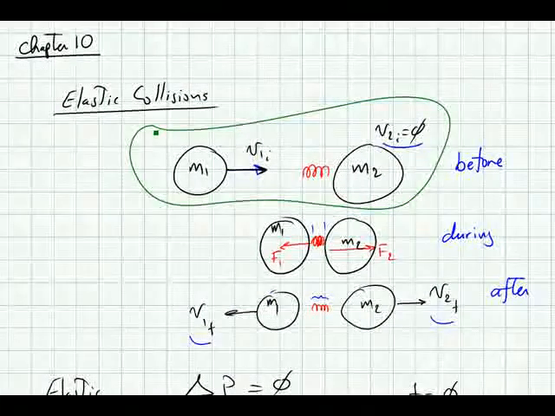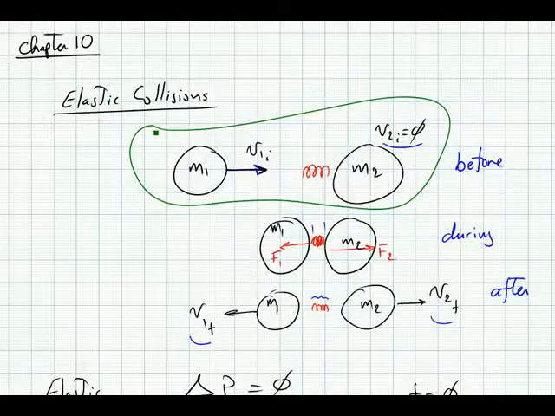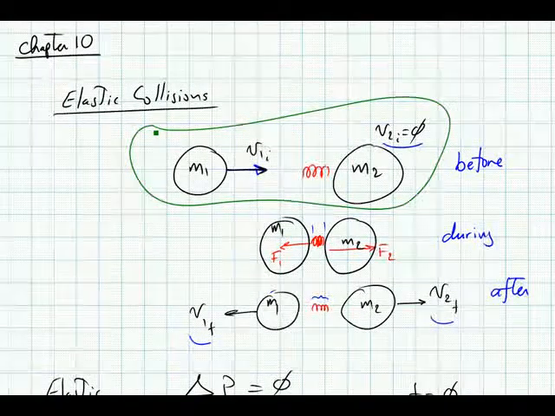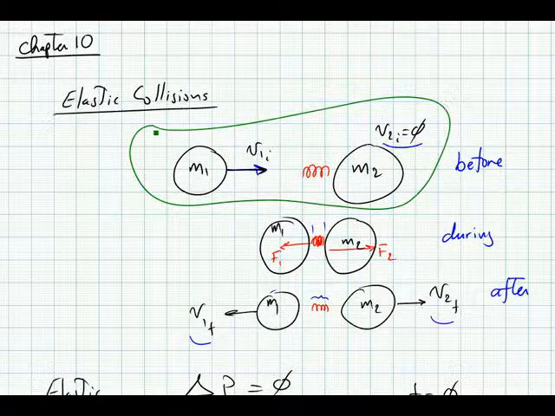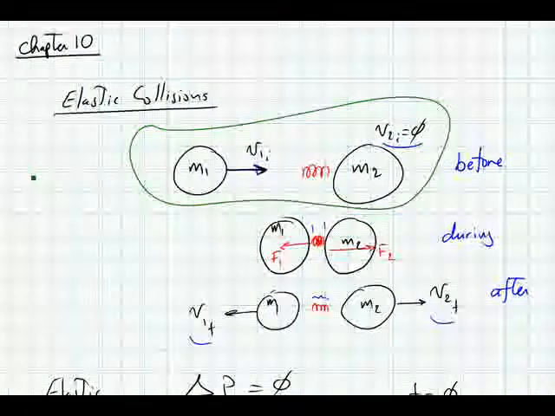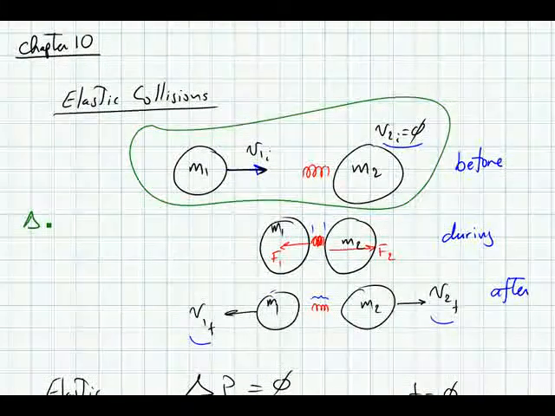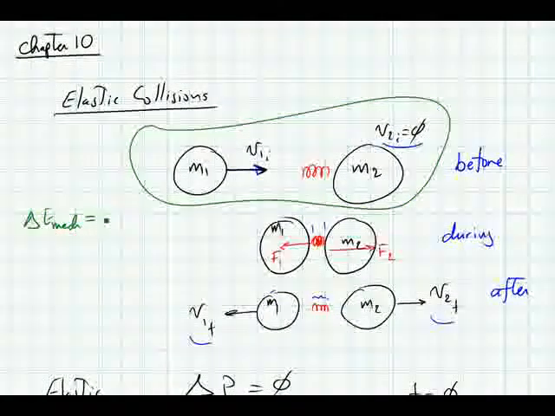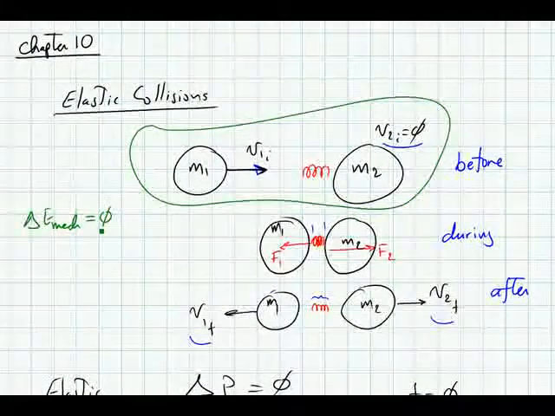There's no external force being applied to the system that I've enveloped in the green border. That means that the change in the mechanical energy of the system, E mechanical, must equal 0.